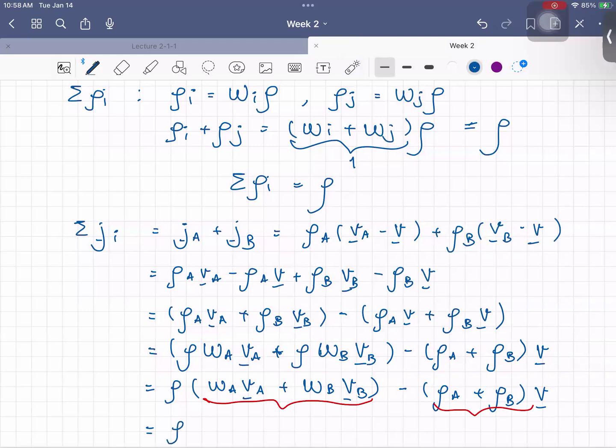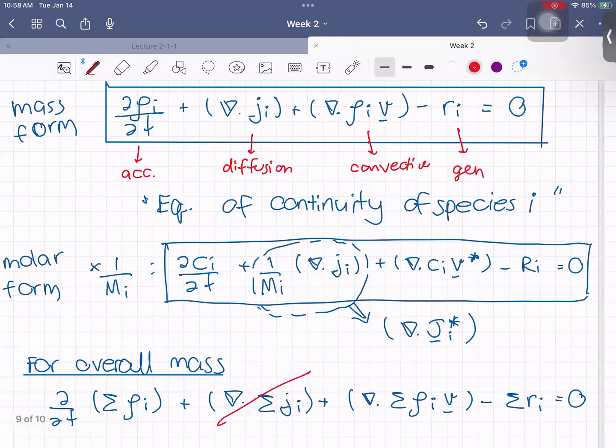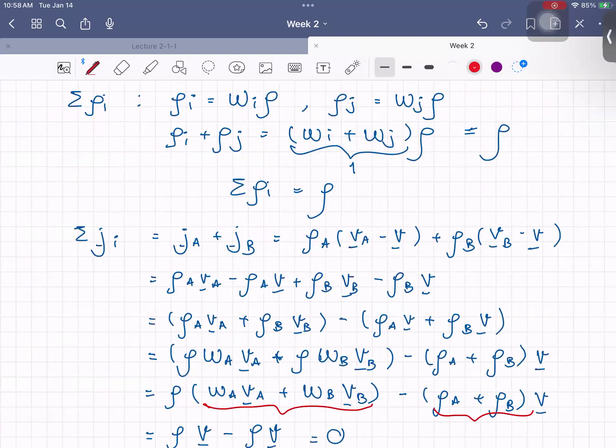It's actually equal to the average velocity. And the second term, rho A plus rho B, how much is it? It's just rho. So how much is sigma j_i? Zero. So if I go back to this equation, this term is zero. I'll give you a few seconds to write this down. We have two more terms left. We'll be done soon.